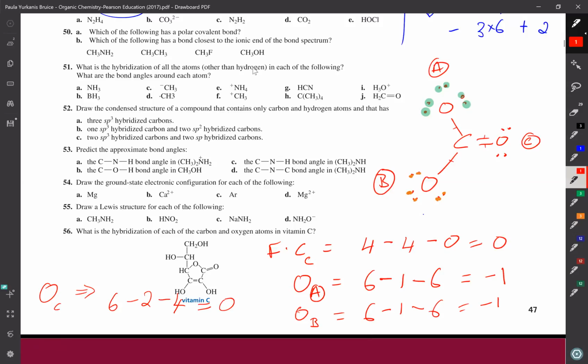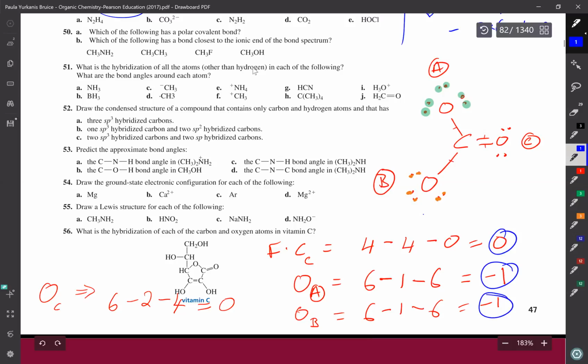Does that make sense? And one thing you need to keep in mind is that the sum of the individual formal charges equates to the total charge of the molecule, of the system. So if we do the sum of the individual formal charges, we shall have a 0, a -1, a -1, and a 0.